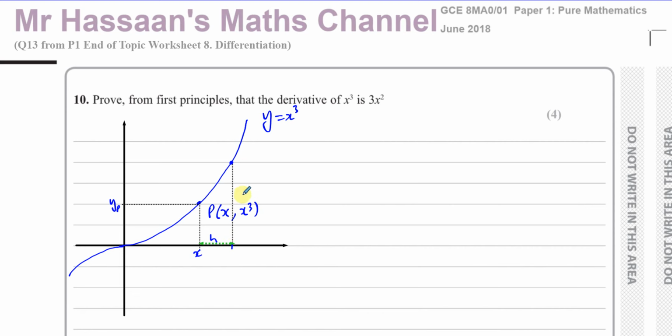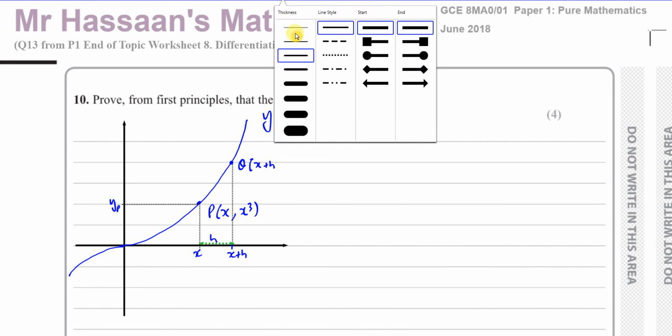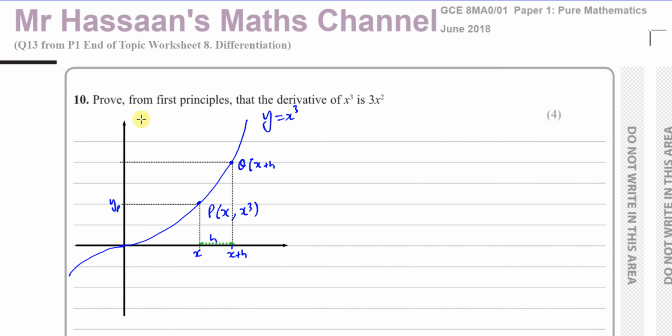So the x coordinate of this point Q would be x plus h. This would be the y coordinate of Q over here, I'll call it yq.